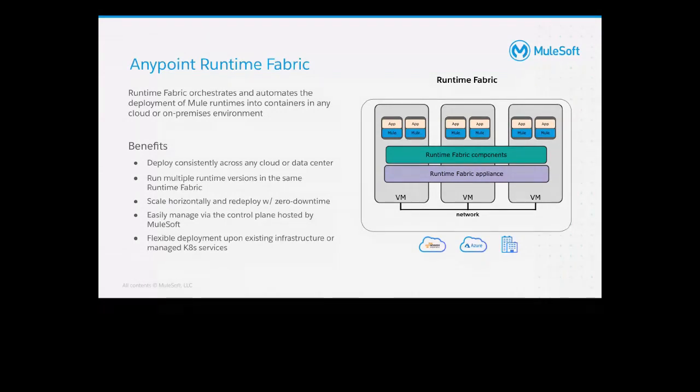The first version required virtual machines. Later on in this slide deck, I will show you that the future will allow you to run Runtime Fabric on other flavors of Kubernetes than the Gravitational distribution that we used for version 1.